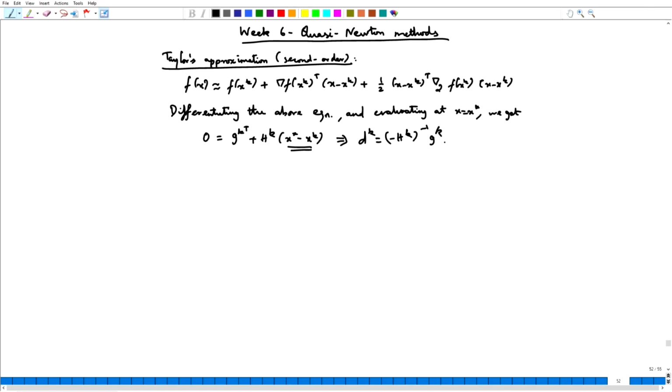Now, how do we actually avoid the inverse in this step, right. So, if taking inverse is costly, if that is computationally expensive, so how do we avoid this step h k inverse, right. So, the idea is as follows. We consider that h k inverse and h k plus 1 inverse are close to each other, okay.